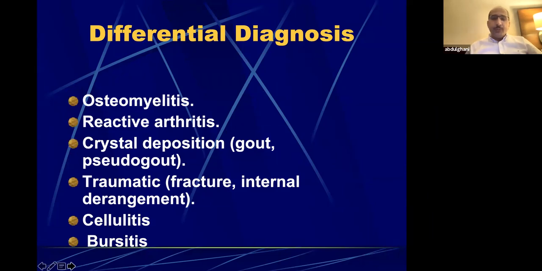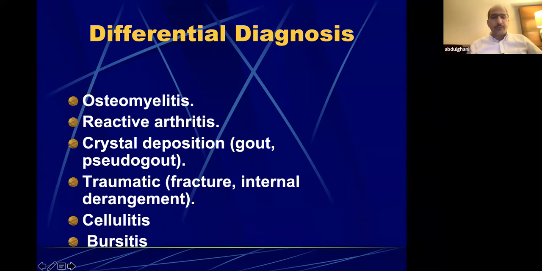Before going further, we need to know the potential differential diagnoses so that, right from the history, examination and investigation, you start ruling them out. The most common are osteomyelitis, reactive arthritis, and crystal arthropathy. It can be because of trauma, fracture, or internal derangement.